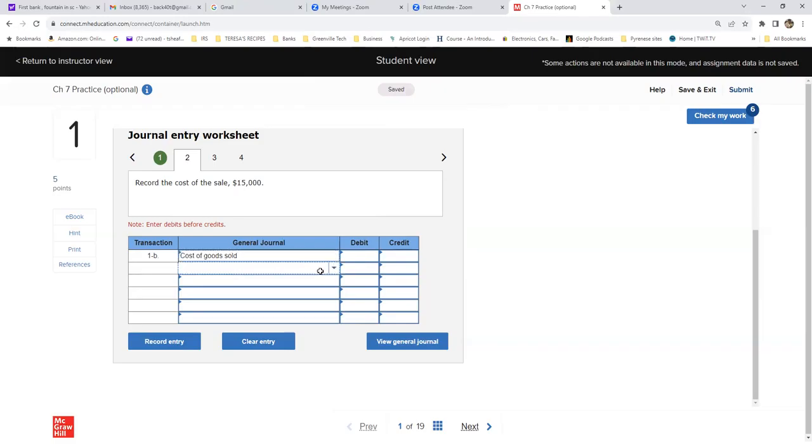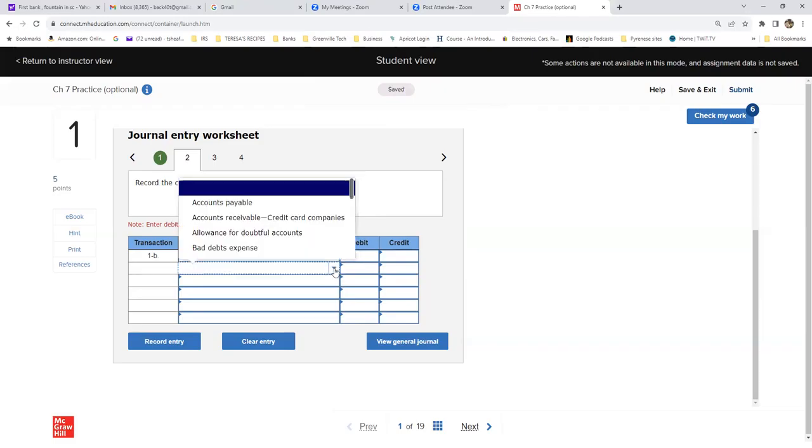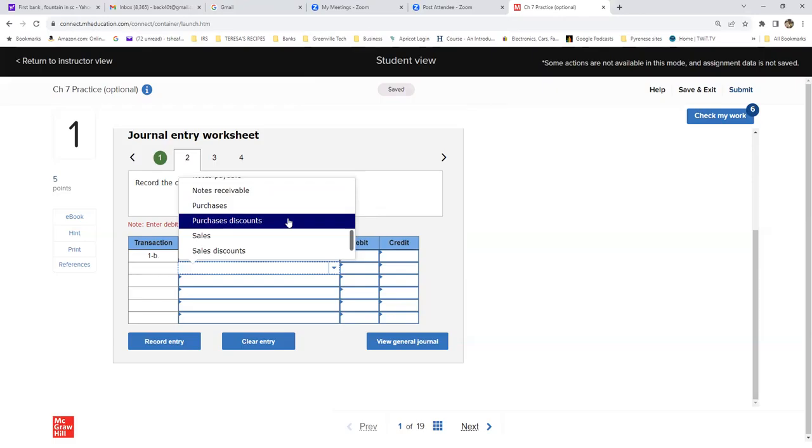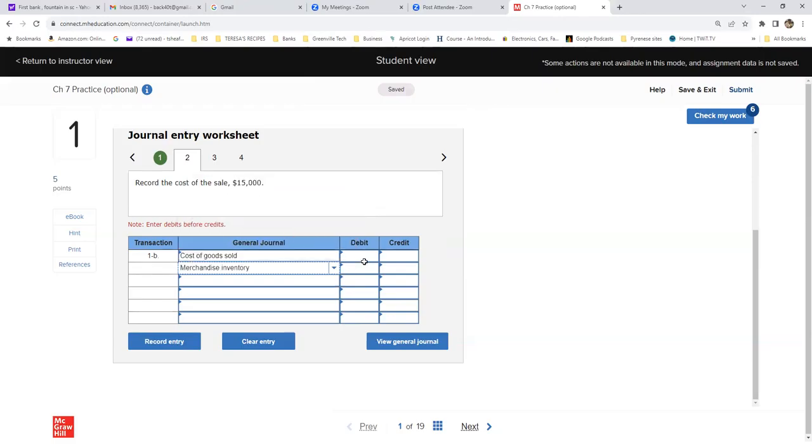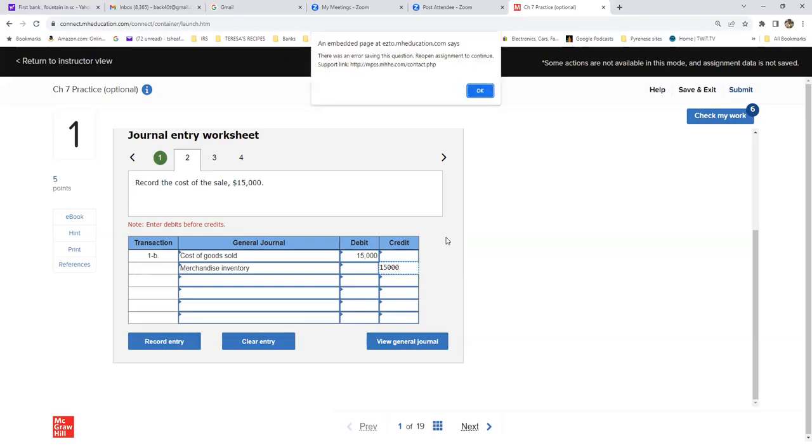Only 2 accounts are affected: cost of goods sold and merchandise inventory. So merchandise inventory will be next. The debit will be $15,000, which is what the merchandise cost. And the credit will be the merchandise inventory showing that it's sold, just as we learned in an earlier chapter. And that's all we have there.